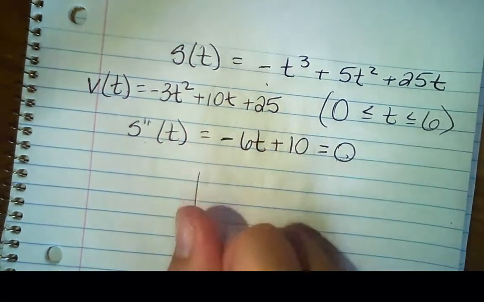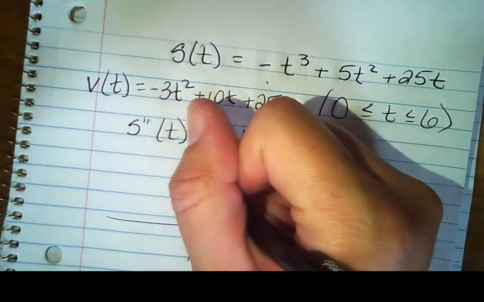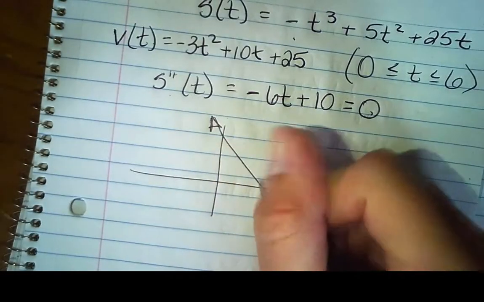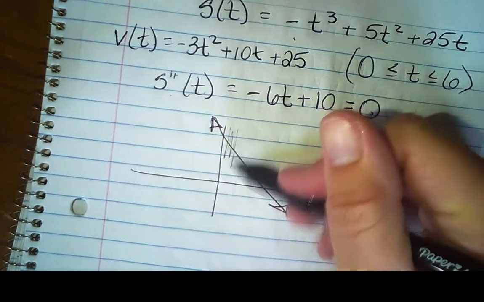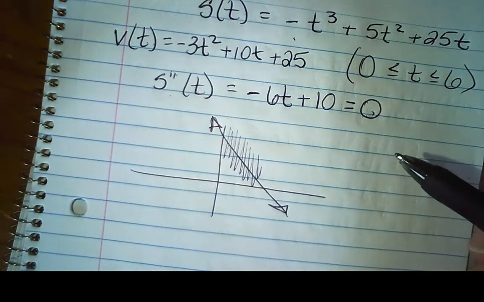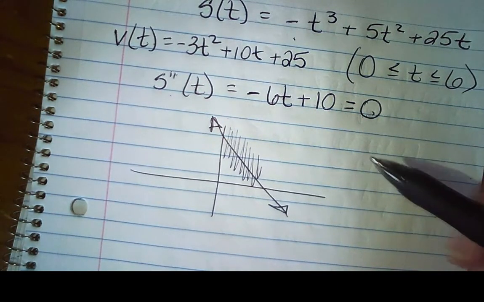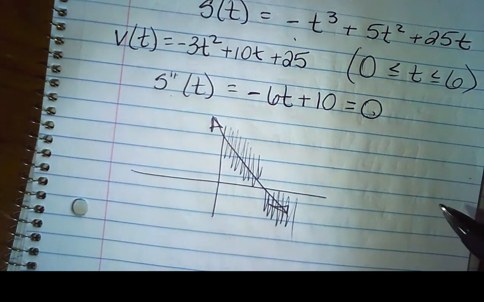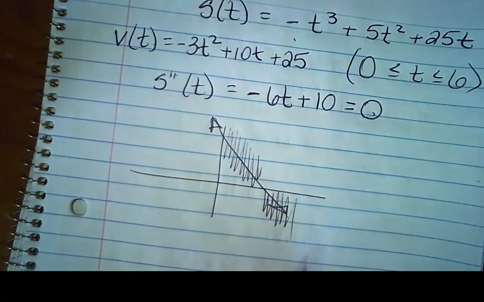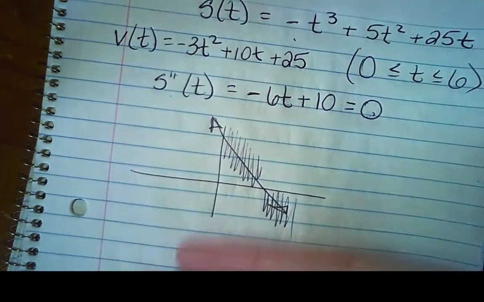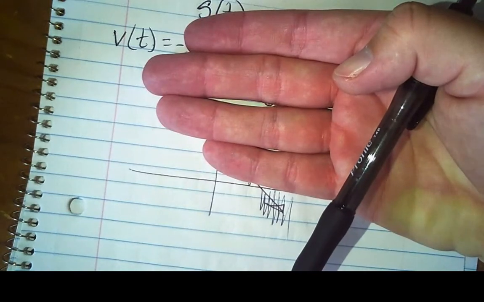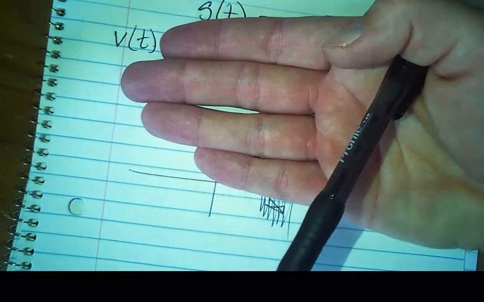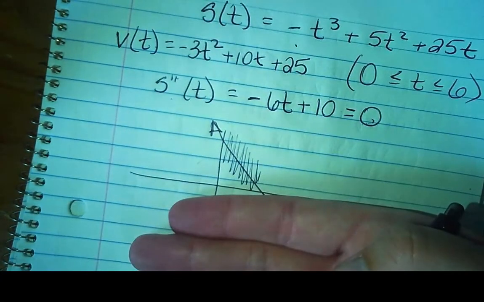So think about it this way. If I've got negative 6t plus 10, it looks like this. I want to know when it goes from positive, which means it's accelerating, and changes to negative, which means it's decelerating. Don't look at the picture, look at where it is. Above means it's positive and accelerating, below means it's negative and decelerating.